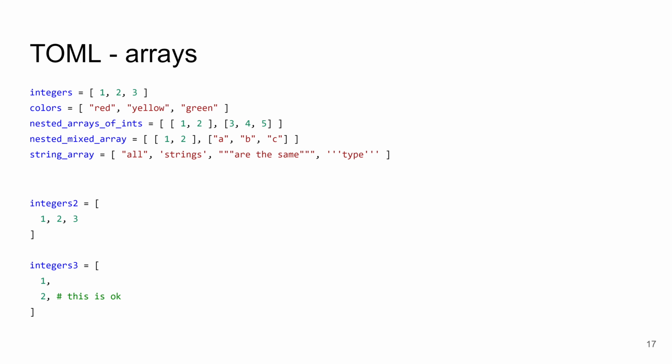However, it is much simpler to generate those arrays, because one doesn't have to check constantly whether the currently outputted member of the array is the last one, and therefore the comma should be omitted, or it is not the last one, and therefore the comma should be there. In TOML, you can just always include the comma, which is simpler for programmers and maybe a little bit harder to read.